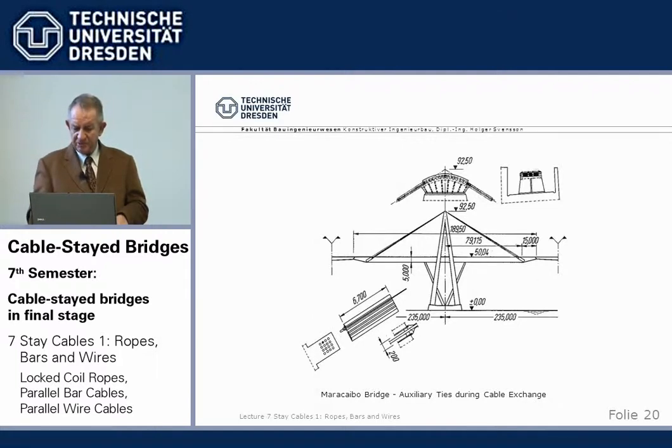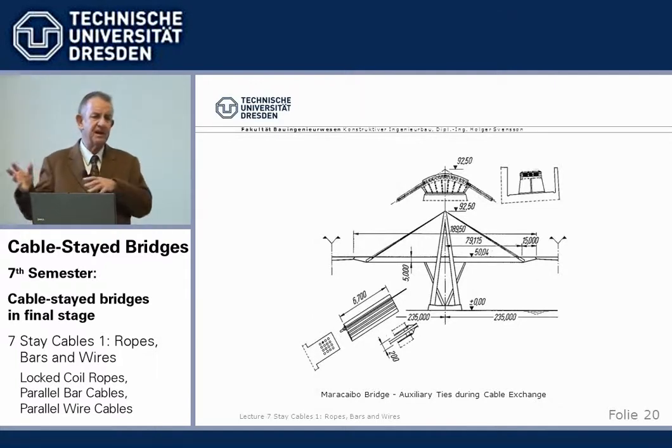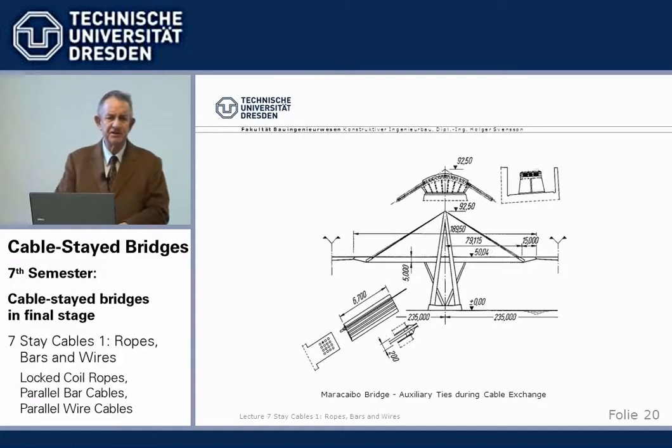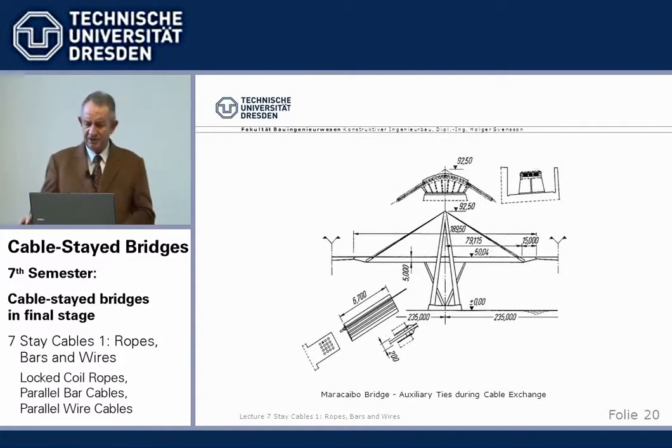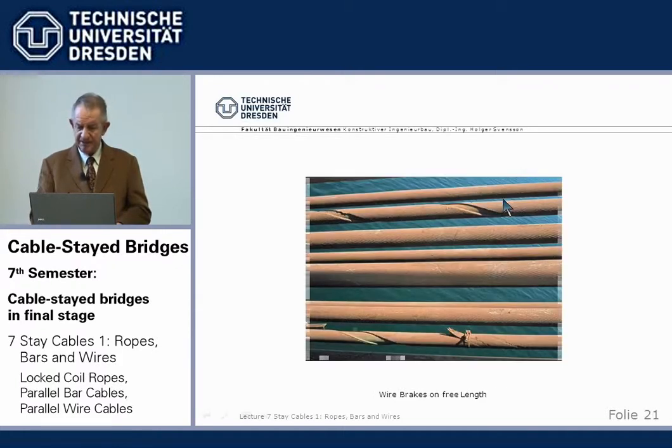Another example, Maracaibo Bridge. We'll see that later in a series of cable-stayed bridges in Venezuela. A big bridge built already in the 60s by Morandi, it used locked coil ropes with a saddle on top, and had many wire breaks.